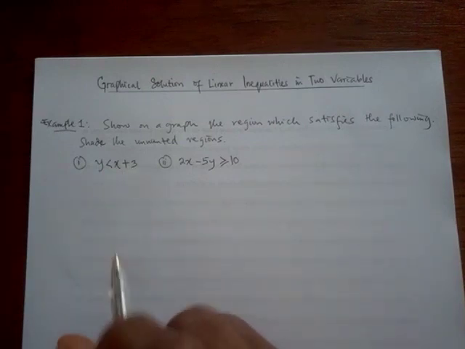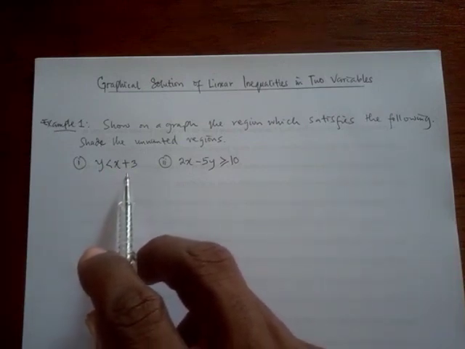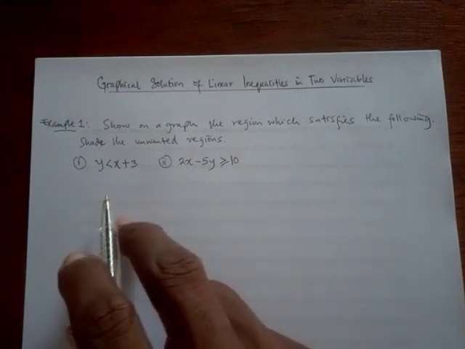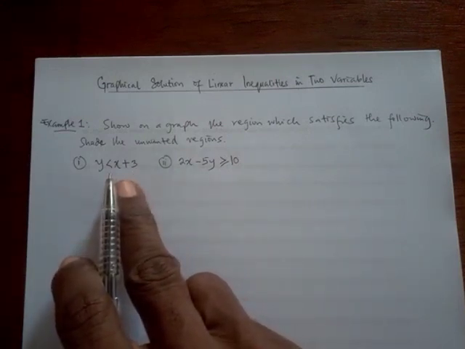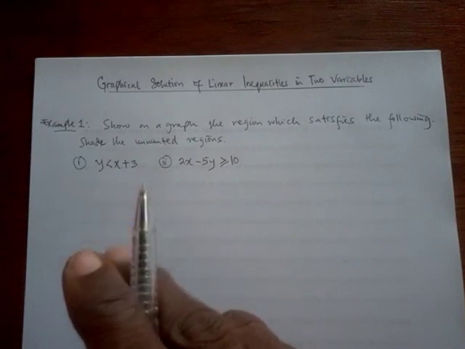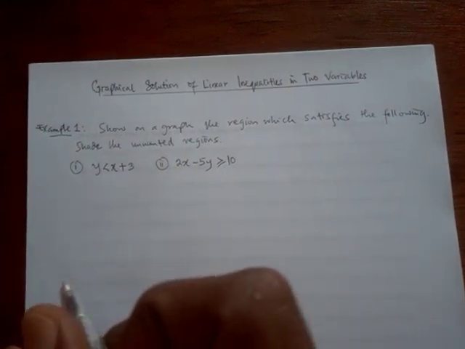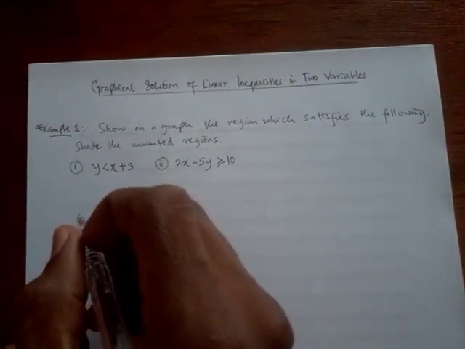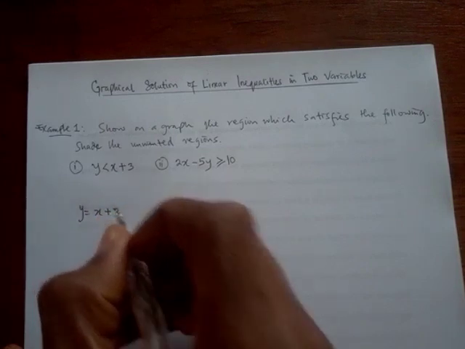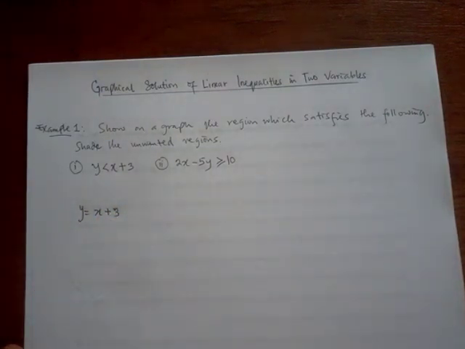In solving this, we're going to draw, first of all, the line y equals x plus 3, the boundary line. So how do we draw this?